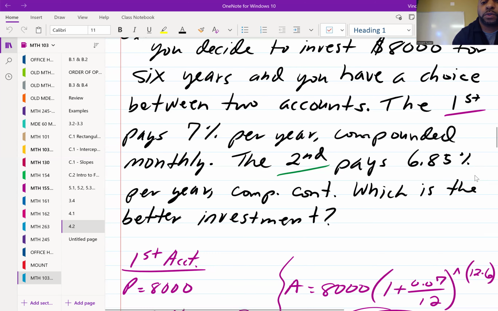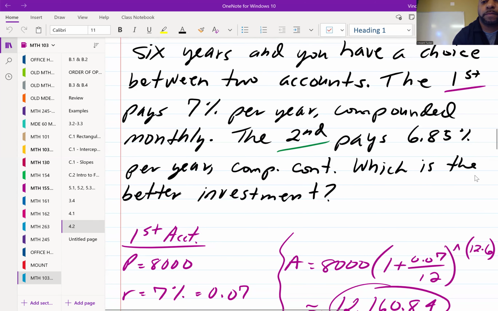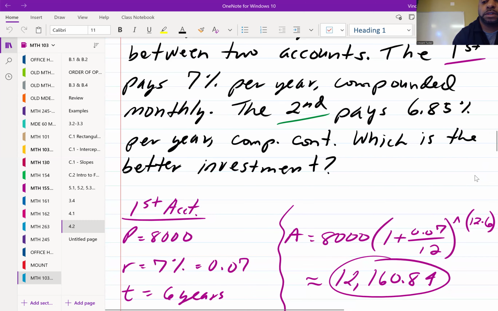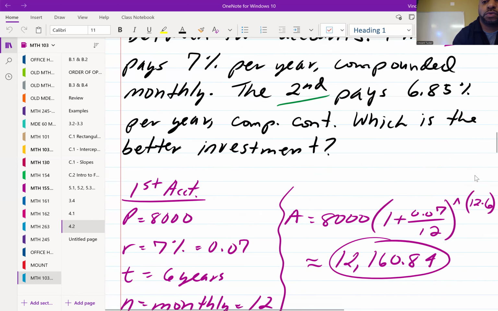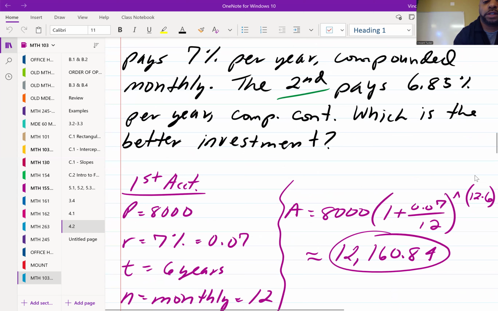All right, if I scroll up too far, just let me know. So that's the first calculation, the first account. Now we have $8,000, so $8,000 is going to be the principal regardless of which account. We're just trying to figure out what we're going to do with the $8,000. So P is 8,000, R is 7%, 0.07 as a decimal.